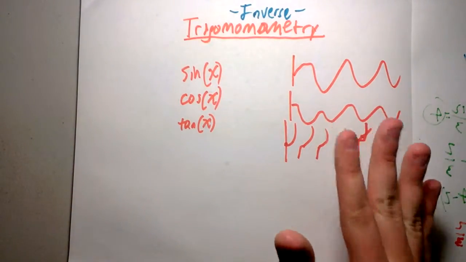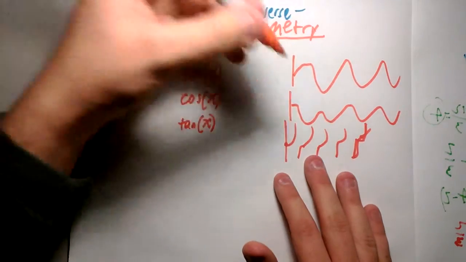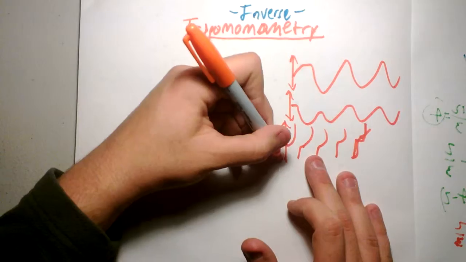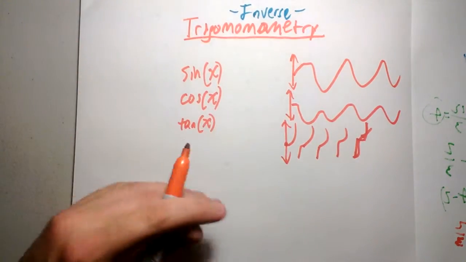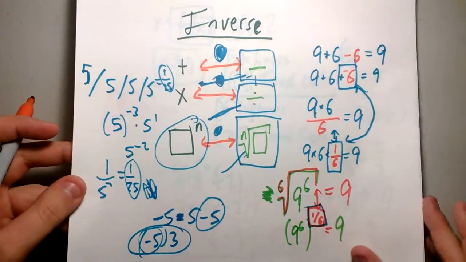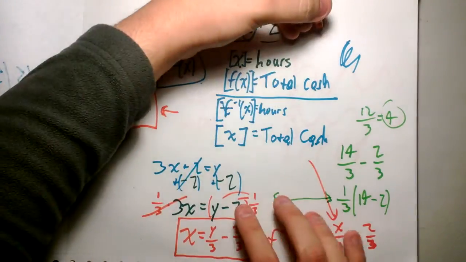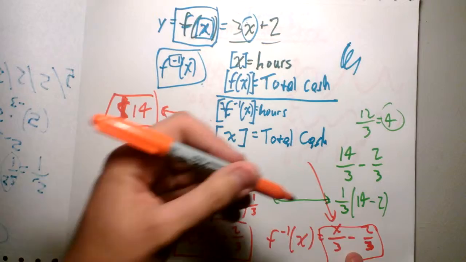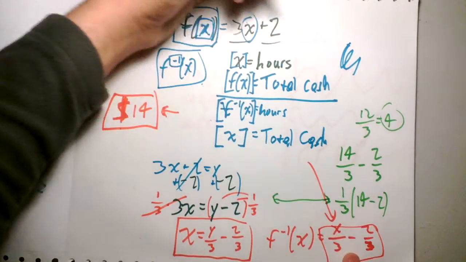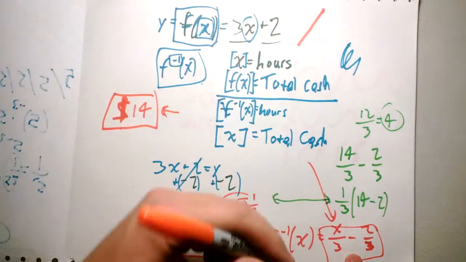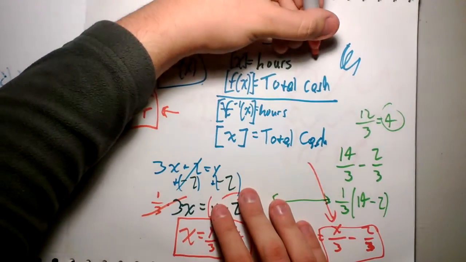All right, so what inverse functions do is interesting. If you graph any inverse function, like the one we did on this page, this one would be 3x plus 2, so it would be up 2, and this would be x divided by 3 minus 2/3.